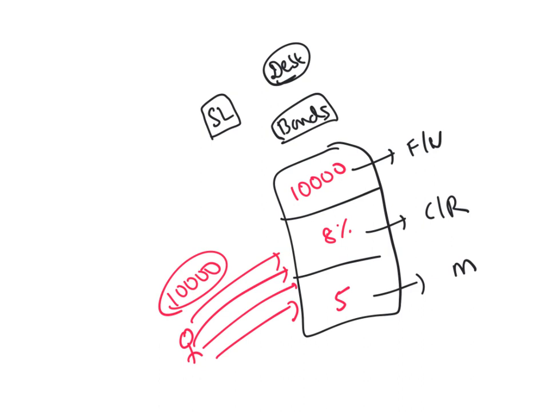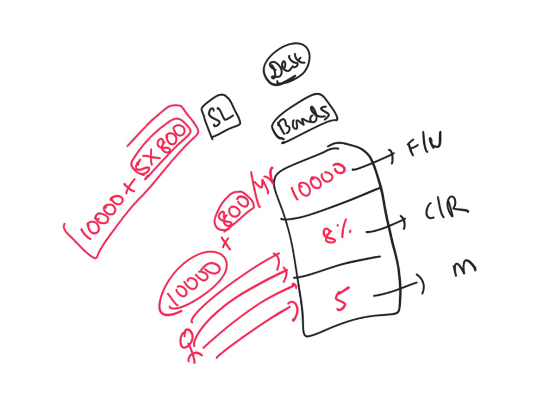Every year you get 8%, which means 800 rupees as interest per year, and after 5 years you get your money back, which means you will get your 10,000 plus 5 instances of 800 rupees, which you get every year. This is what you will get at the end of 5 years, right?